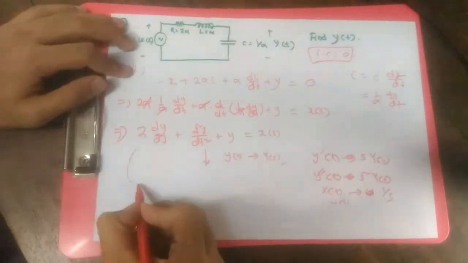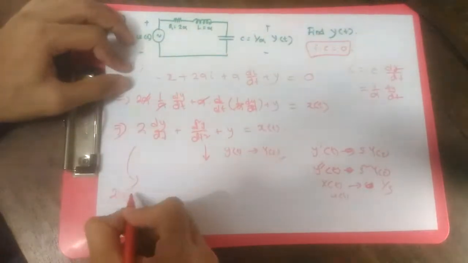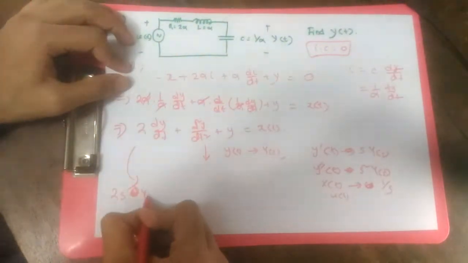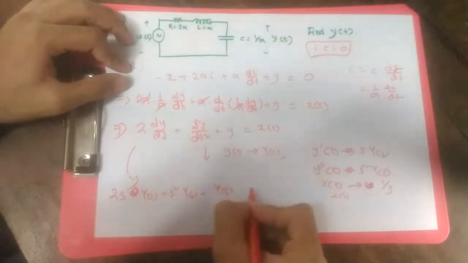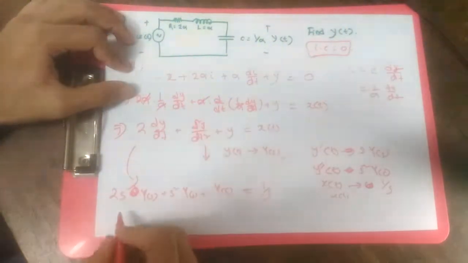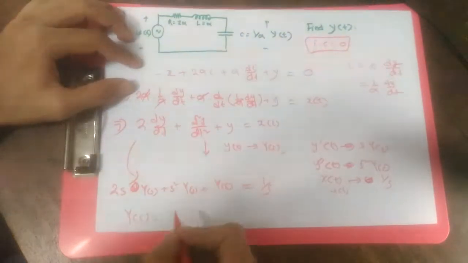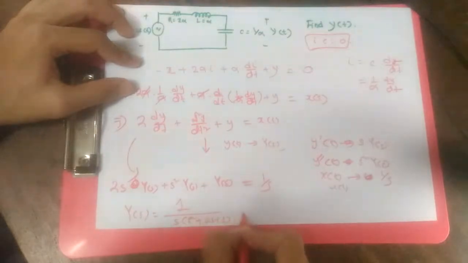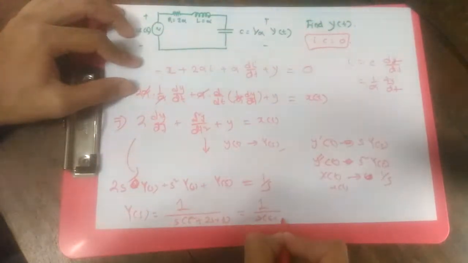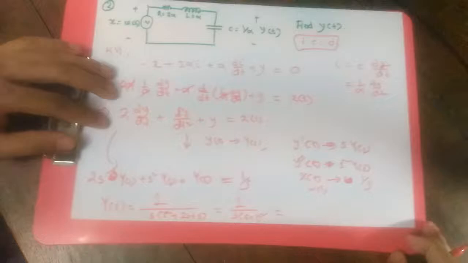So if we take the whole equation into the Laplace domain, we get s square Y(s) plus 2s Y(s) plus Y(s) equals 1 by s. So Y(s) equals 1 by s times (s plus 1) whole square.